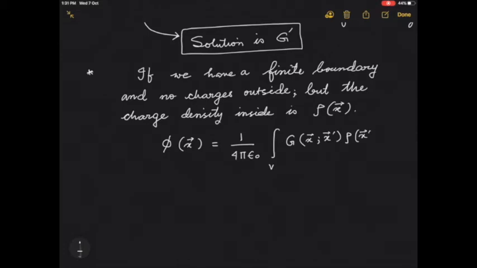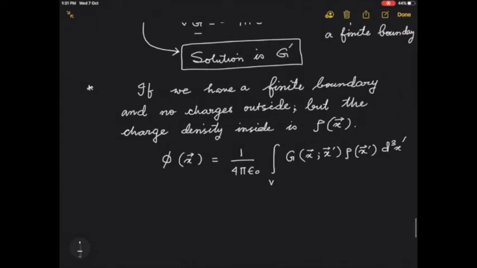And this has a very interesting implication or interpretation, if you wish. You see, what is happening here, in the previous case, we just wrote a delta function here, and we got the solution as G. But if I don't have a delta function, which is a point charge, but a finite charge distribution, that can also be thought of as a collection of point charges.